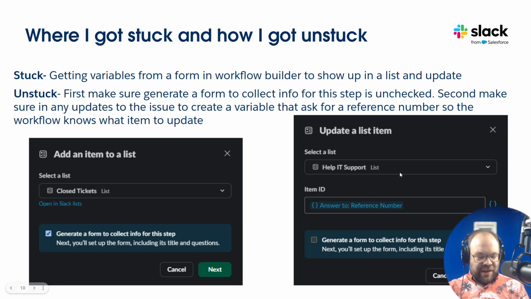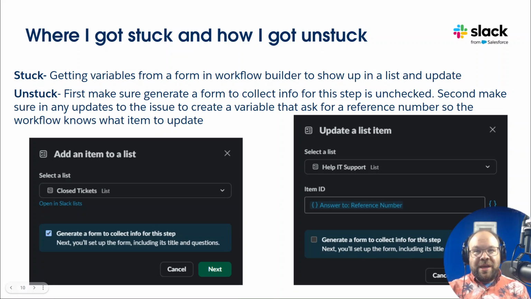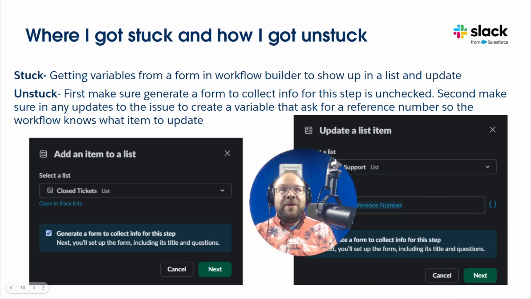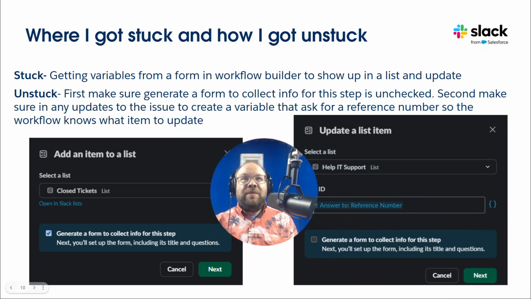So last but not least, and I want to actually move my camera while I talk about this, we're going to talk about the area where I got stuck, because I was putting this together and just got stuck in this one area that I was trying to figure out: why is it that I'm collecting everything within the workflow, but it's not showing up within the list?